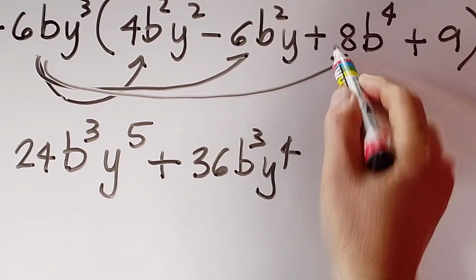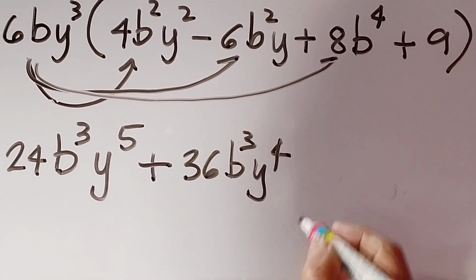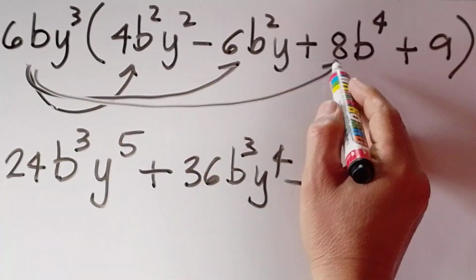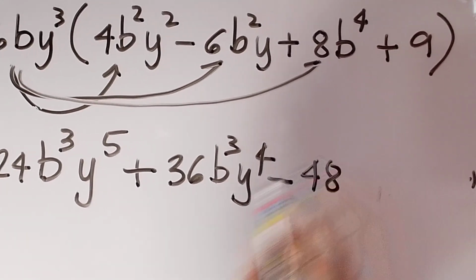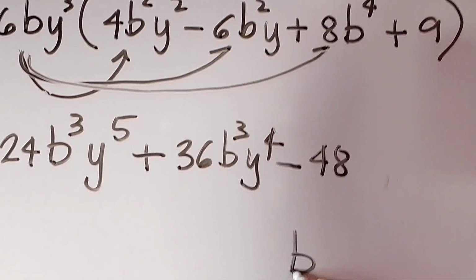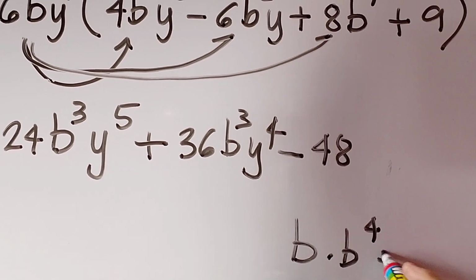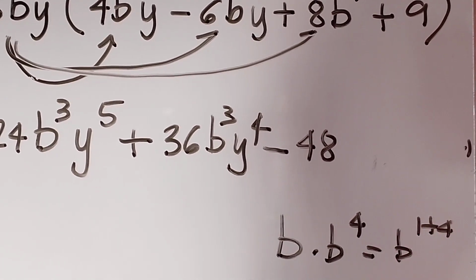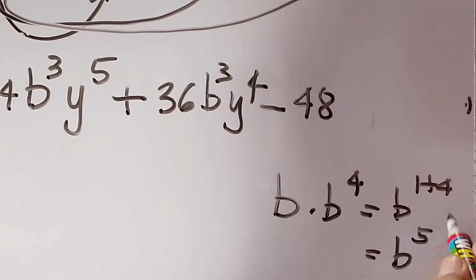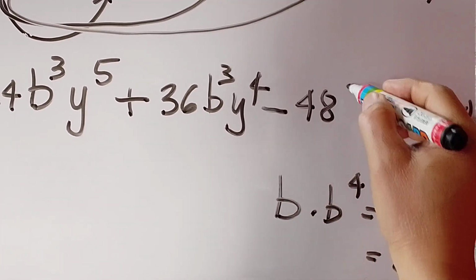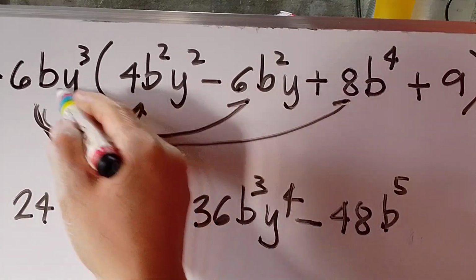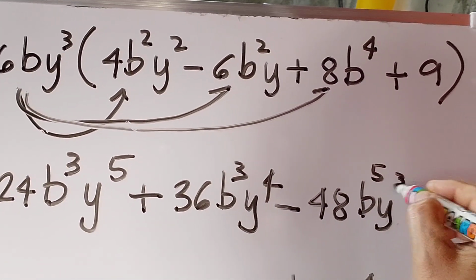Then the third term, so this will be negative times positive, that will be negative. 6 times 8 is 48. b times b to the 4th. There is 1 in here, so this will be b to the 1 plus 4. So b to the fifth power. Since there is no y in here, just copy y cubed.